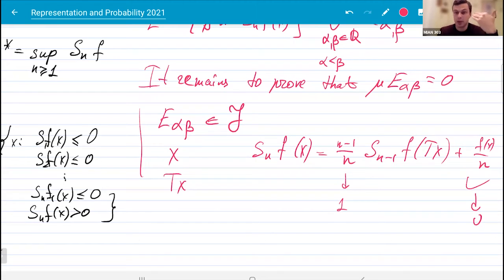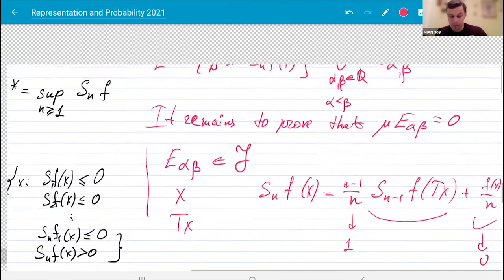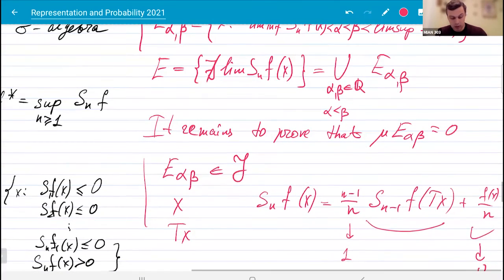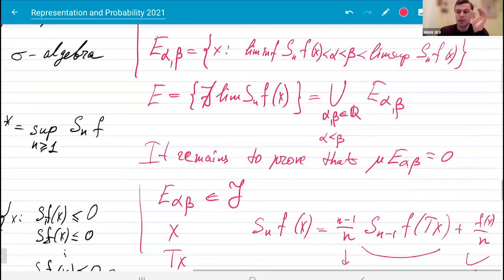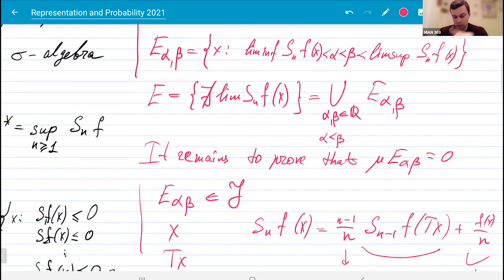And therefore, the lim sup of the left-hand side is just the same as the lim sup of these, and this lim sup is the same as the lim sup for Sn f. Yes. So we see that these ergodic averages are almost invariant.